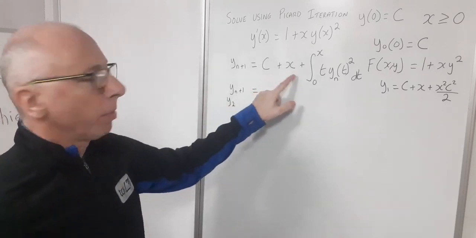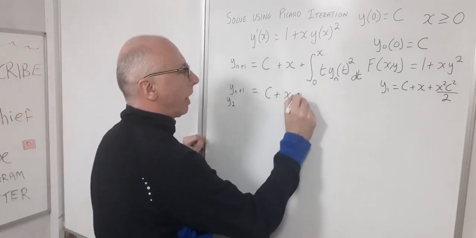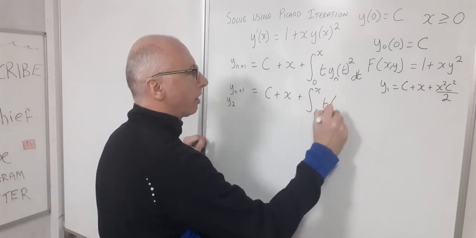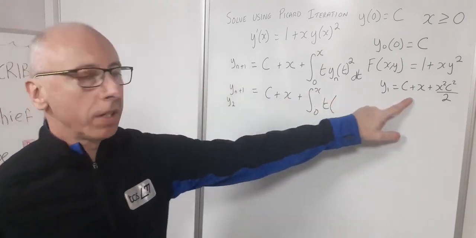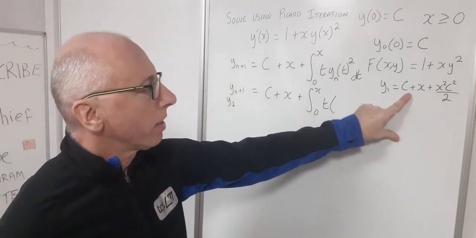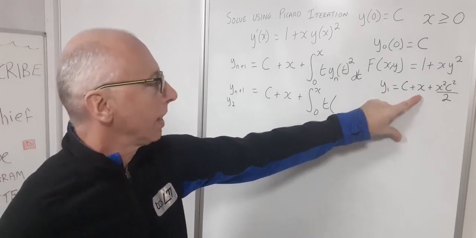And then we've got c plus x, that's always going to remain in our formula. And then we add on the integral from 0 to x of t times. Now we set this out in terms of t. So c is our value, but x is our variable, so we need to write this in terms of t.